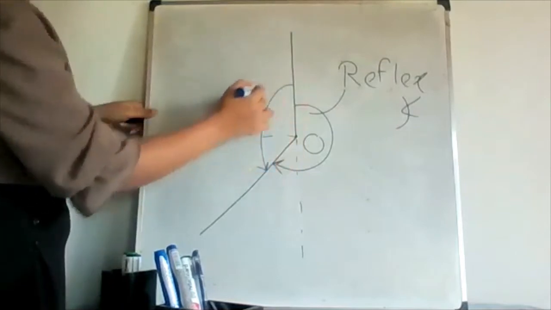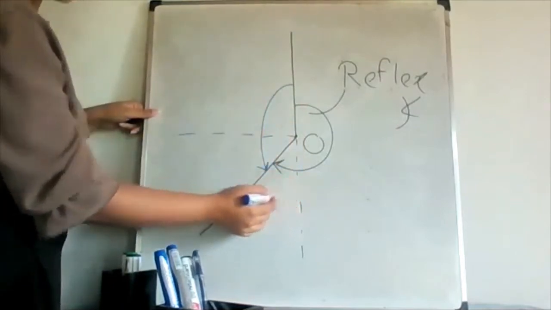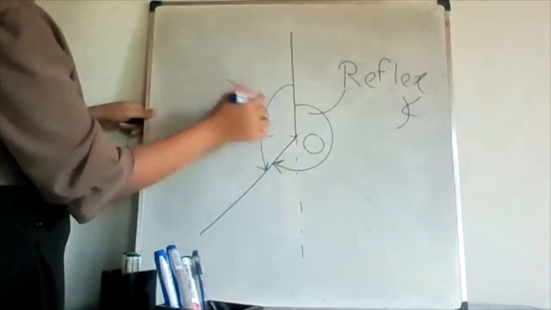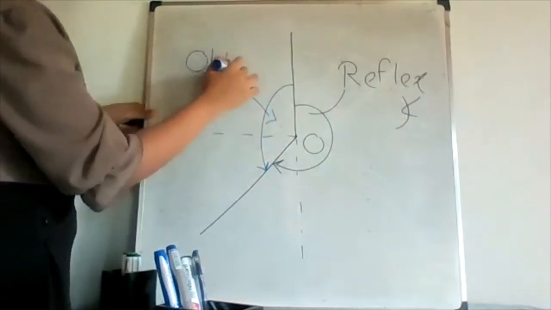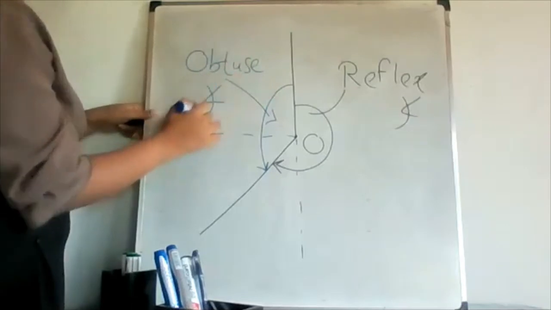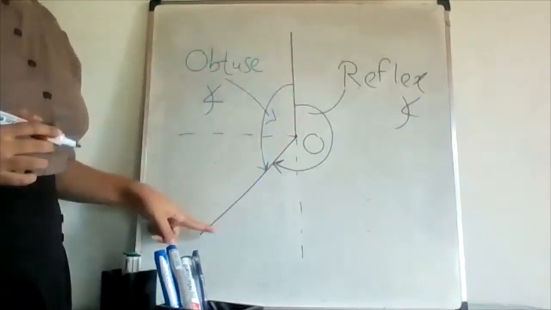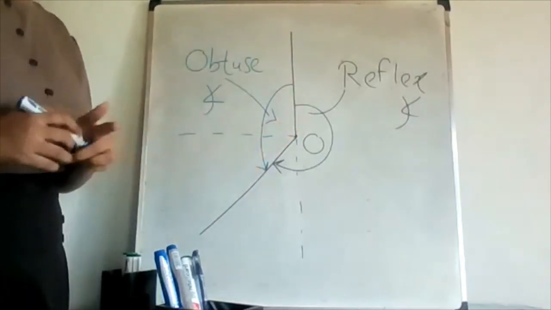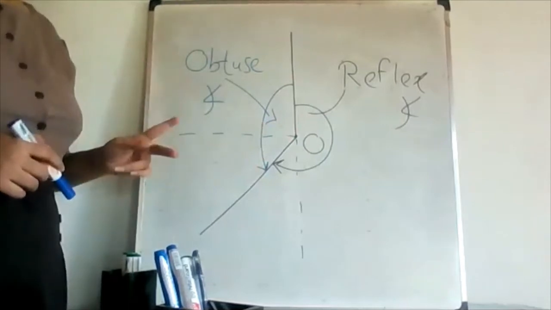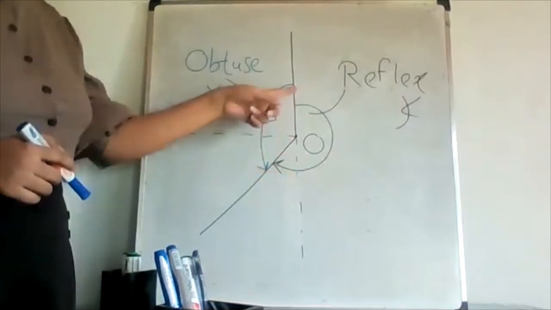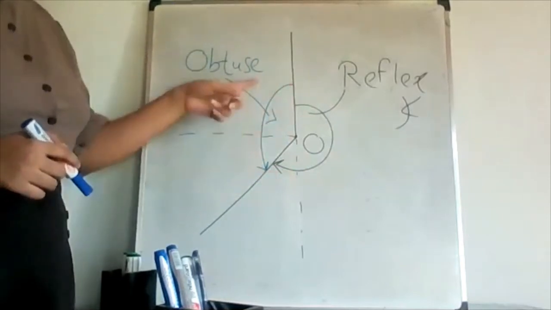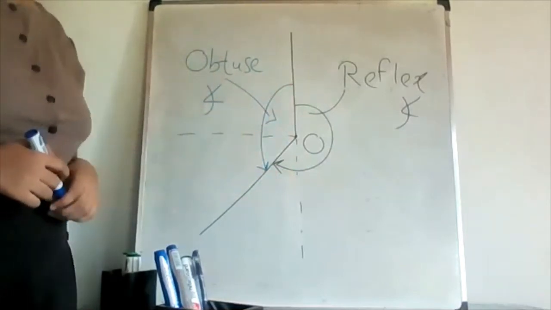So this is greater than a right angle and less than a straight angle. That means this is an obtuse angle. So by using the same two arms and the same vertex, we have denoted two types of angles here. This is a reflex angle, and if we mark the angle like this it becomes an obtuse angle.